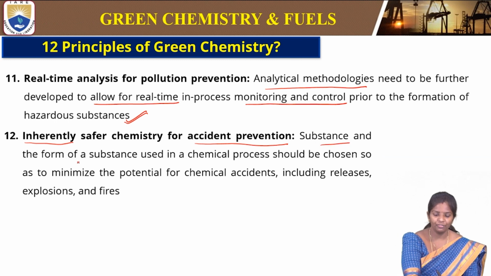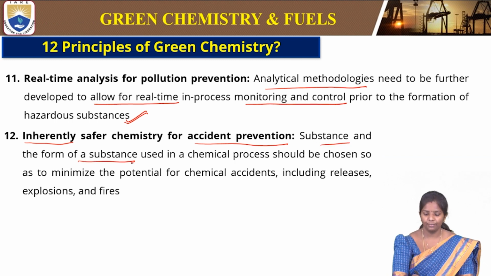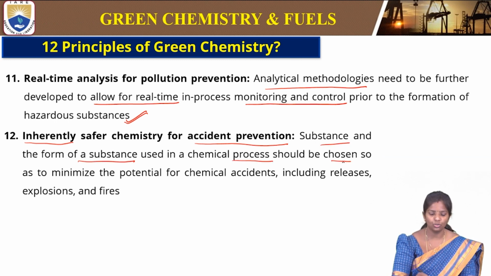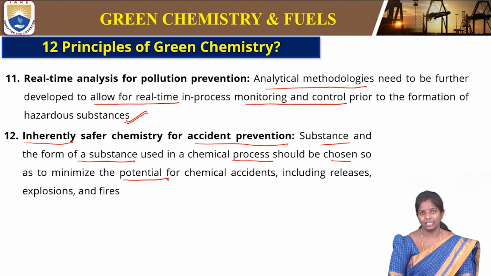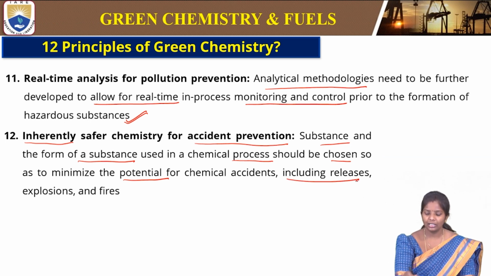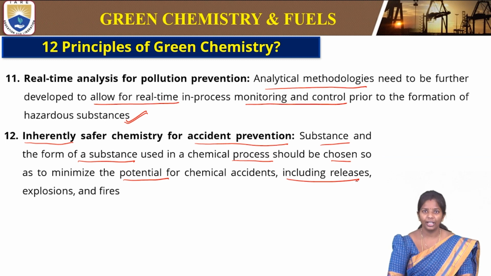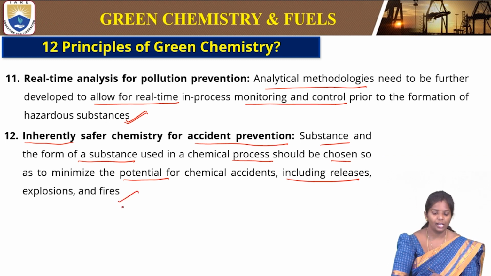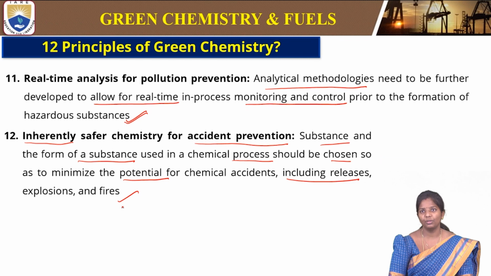Substances and the form of a substance used in the chemical process should be chosen so as to minimize the potential for chemical accidents. There should not be any exploding reactions taking place, or release of gases that pollute the environment, explosions and fires. It has to be minimized and prevented. Accidents must be prevented.